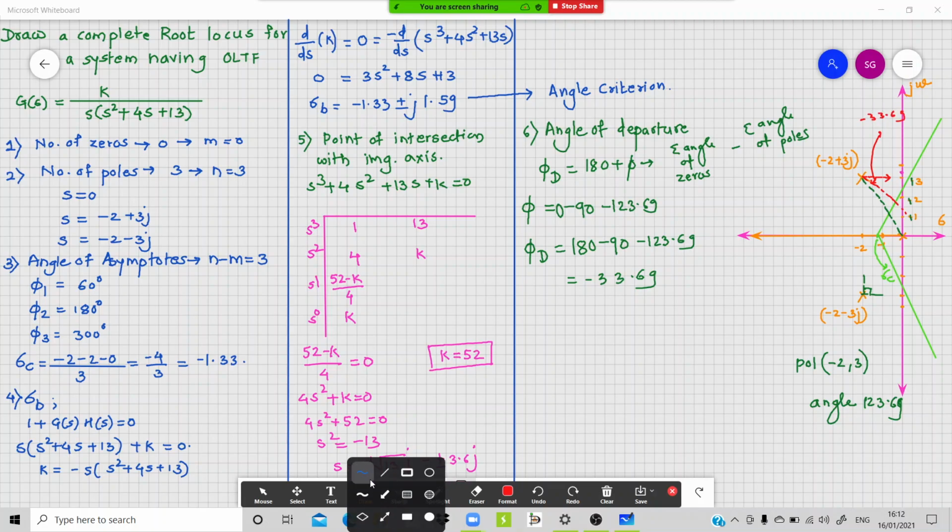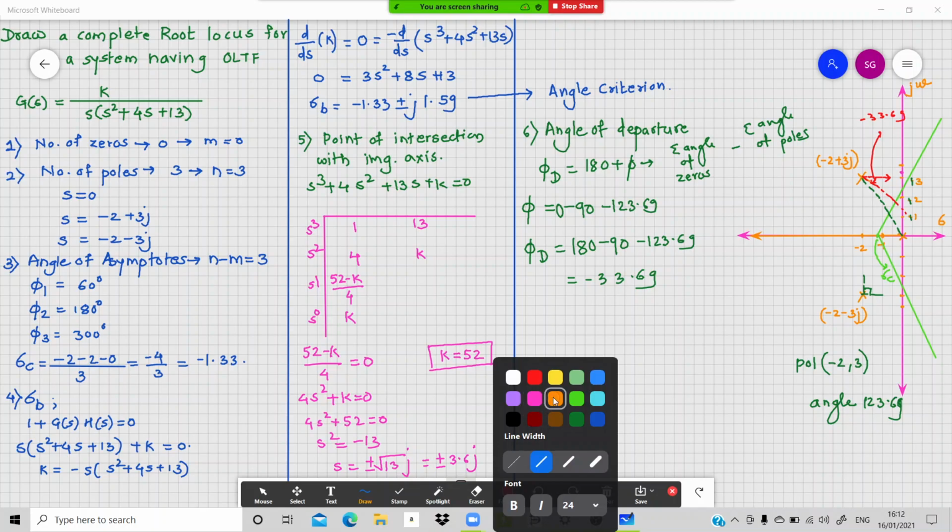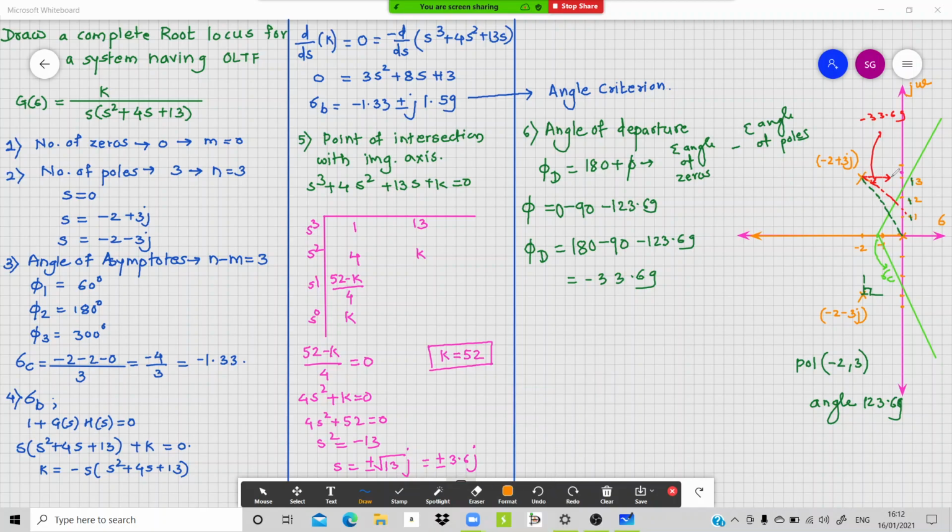And at this angle, passing through this point, you are supposed to draw the root locus going along this. For this it is minus 33, and for this it will be plus 33. At plus 33 it will come and go along this. So the orange parts are telling you RL1, RL2, RL3.